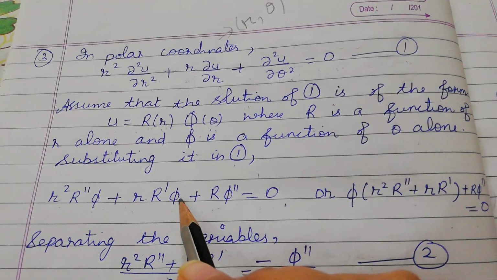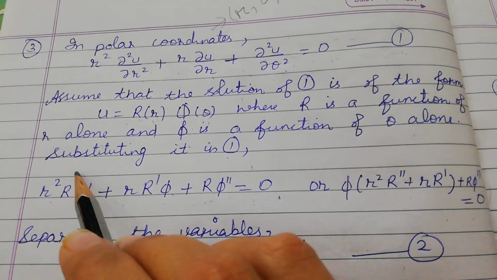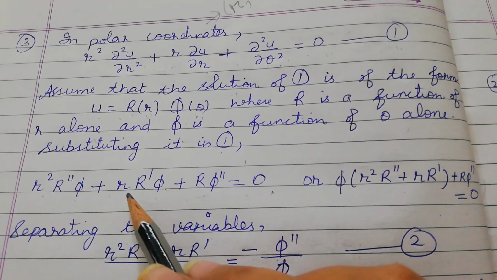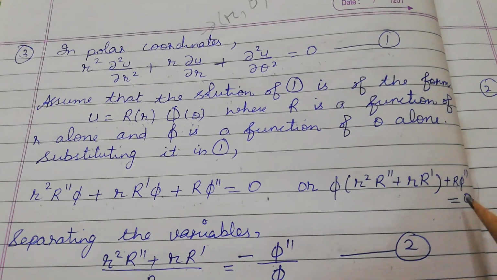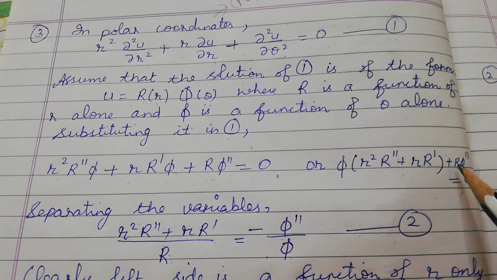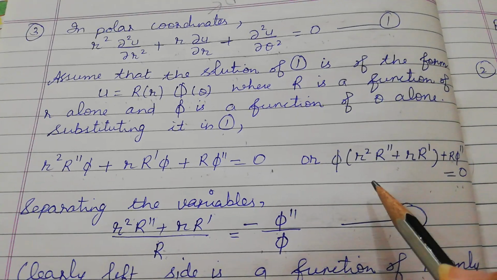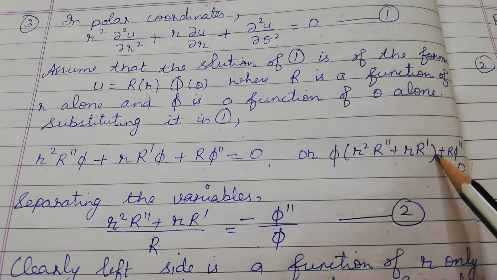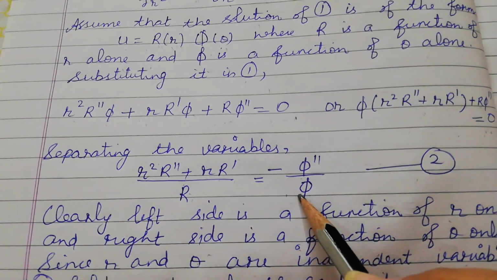The phi is common, so we have taken it out. Then what is left? r square R double dash plus small r capital R dash. This term as it is equals 0. Now what we have done? We have shifted this term to the right hand side. Then we have separated the variables. The phi shifted to this side, the R shifted to this side. And this way it becomes, right?